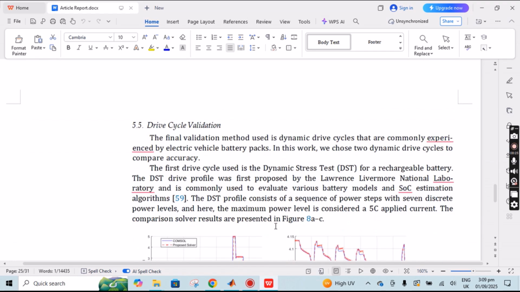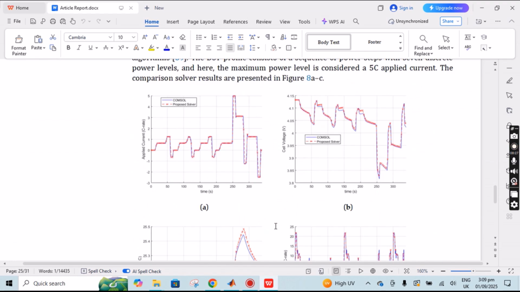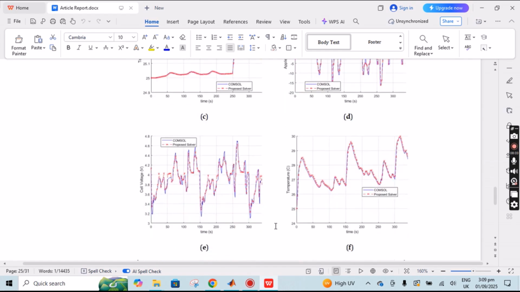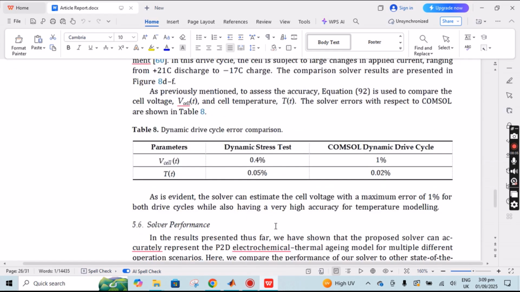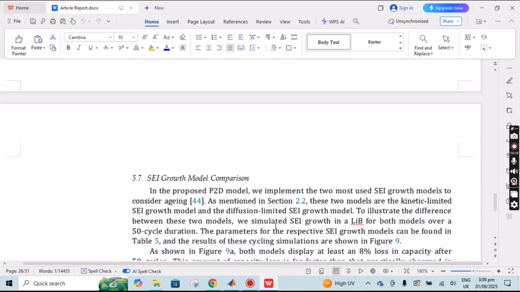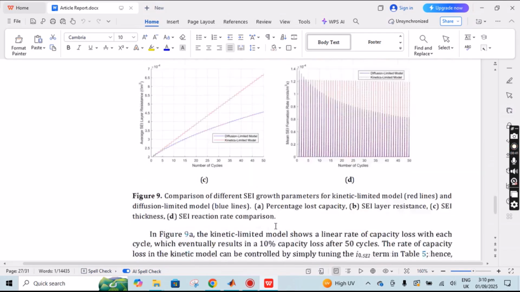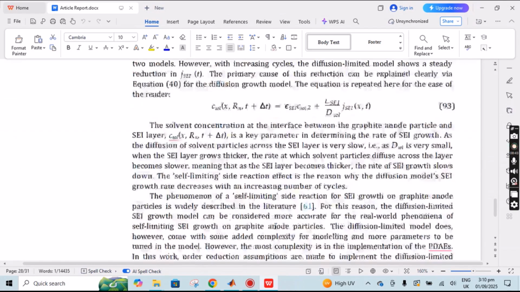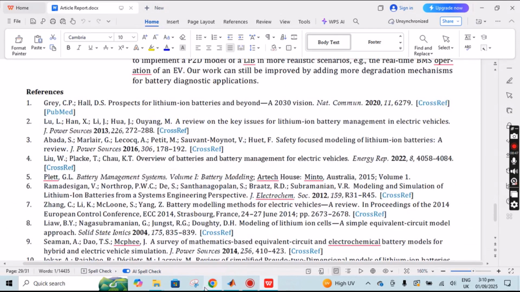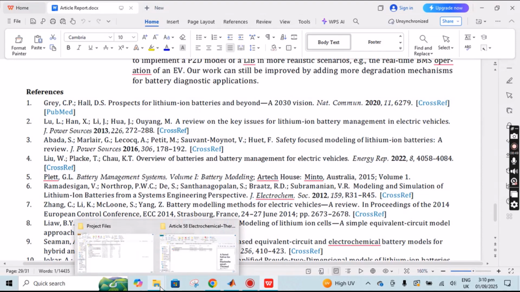All the drive cycles are provided accordingly, with the current, voltage, and power of the battery as well. Table 8 also shows the simulation speed of the P2D solver. I think it is completed now. Yes, conclusion and references. Let me just show you the MATLAB files as well.